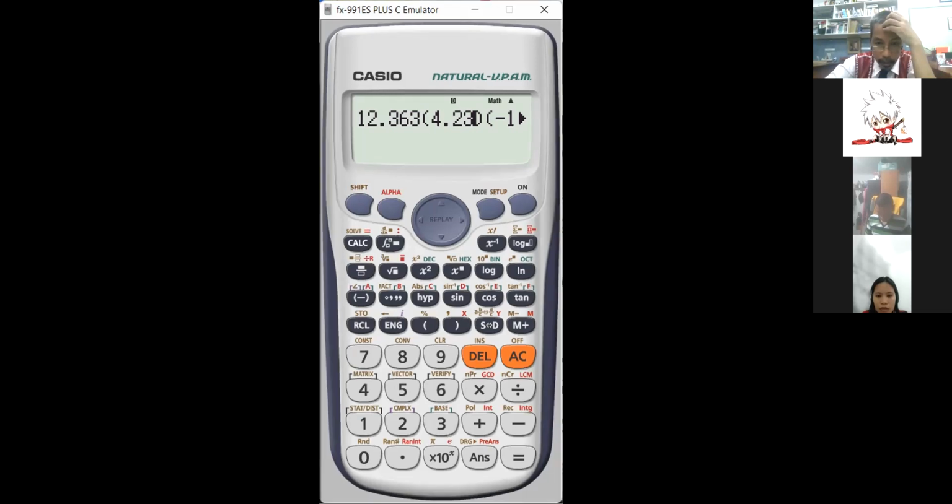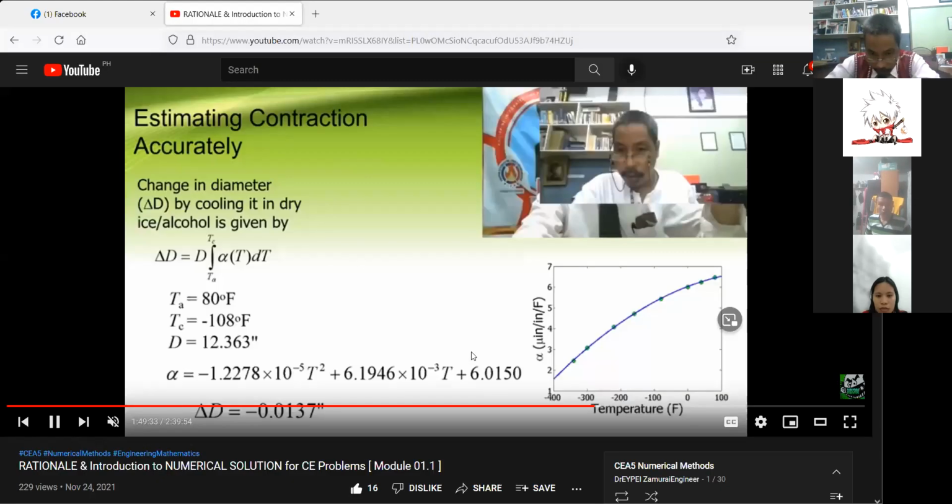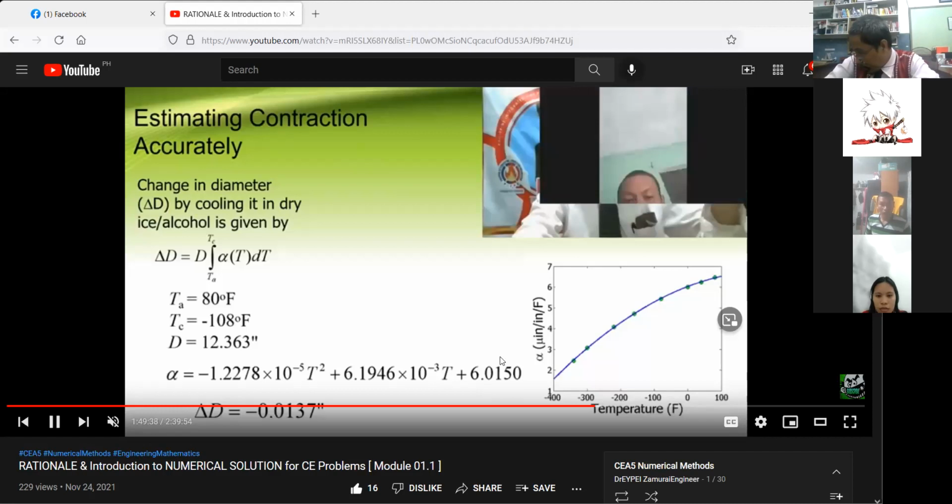Our basis is from 6.015. So it is different, no? It's a different analysis because we add 6.015 here in this part.